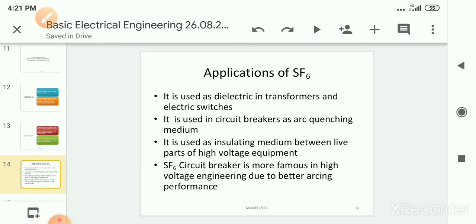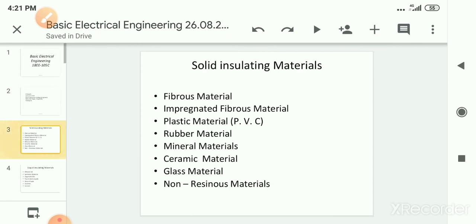Depending upon their properties, we use these different materials for different types of applications. Electrical engineering is a vast field. Vast means a very big field in which a large number of materials are used for different functions.